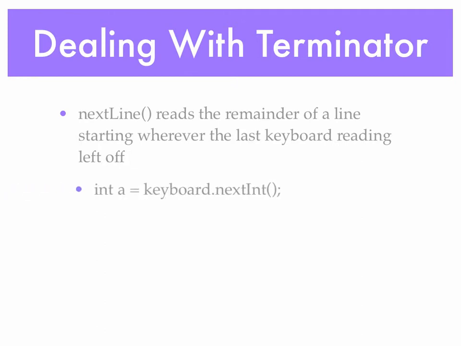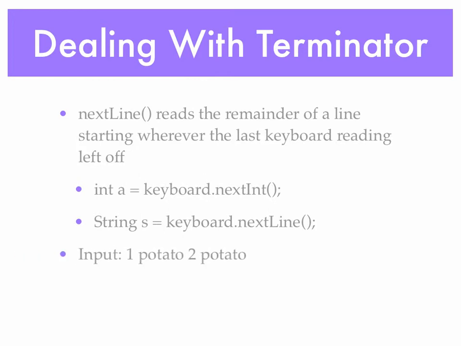So if I have a line keyboard.nextInt and save whatever's passed back into a space called A, so int A equals keyboard.nextInt, and then I have a line where string S has put into it whatever's returned when I call nextLine. And what I have is this input. So my input is 1 potato, 2 potato.